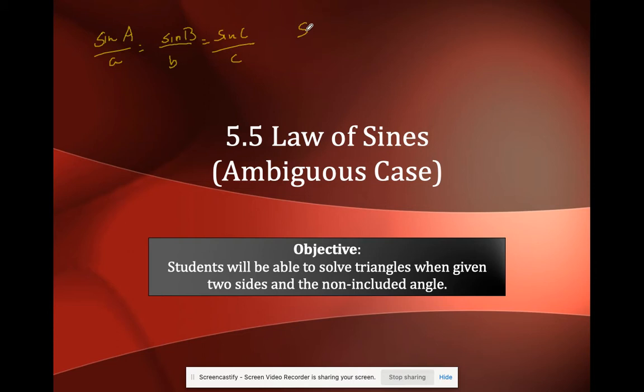So far, to solve a non-right triangle with the law of sines, we have dealt with being given one side that is included between two angles, or given two angles and the side is not included, which of course can look like that as well.